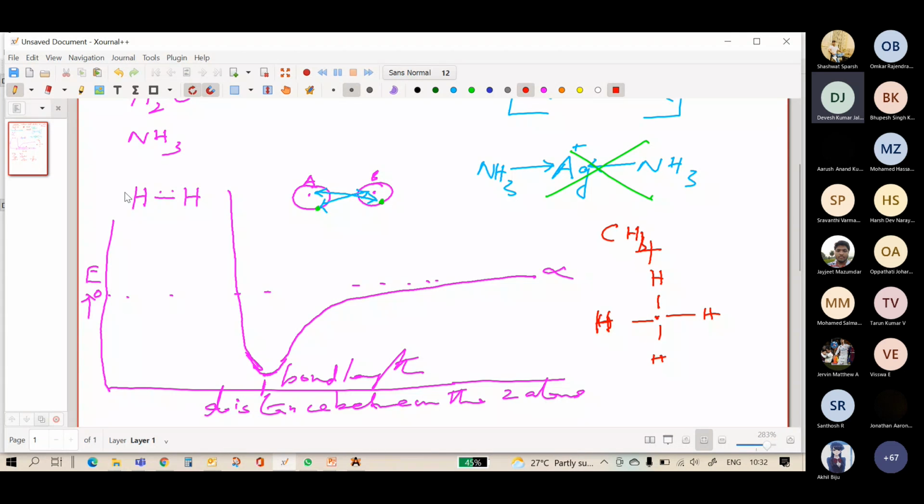In this case, it's a diatomic molecule, so it's very easy because length is the only parameter that you can change. So you keep changing until you reach an energy minimum.